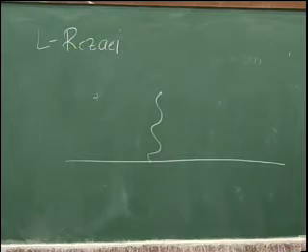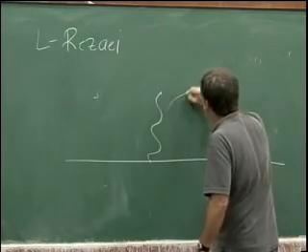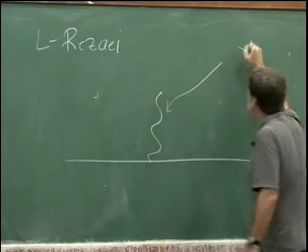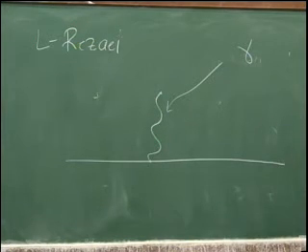So let's look at this picture here. So here's gamma. And now let's change our viewpoint a little bit. Let's forget capacity. Since now we know there's this natural parameterization, we can parameterize this curve by natural length.